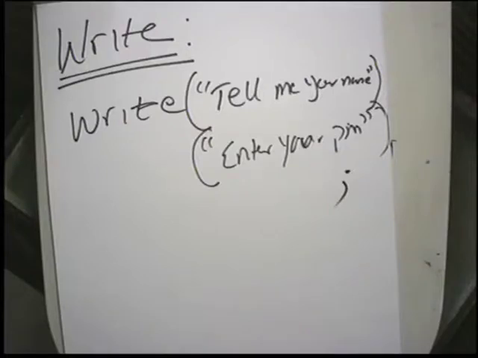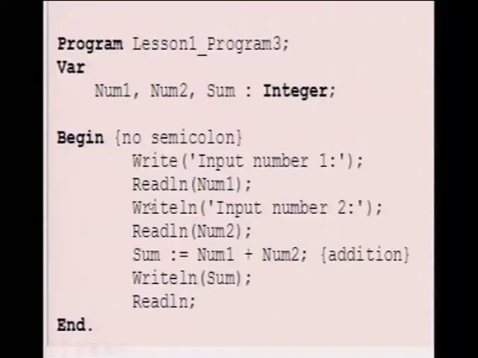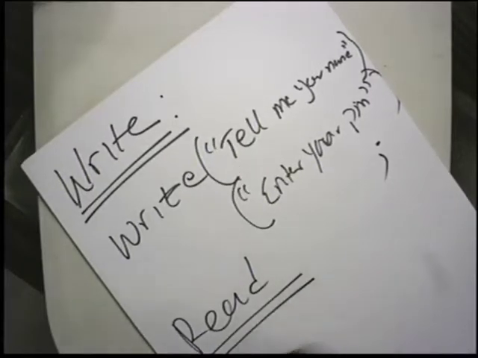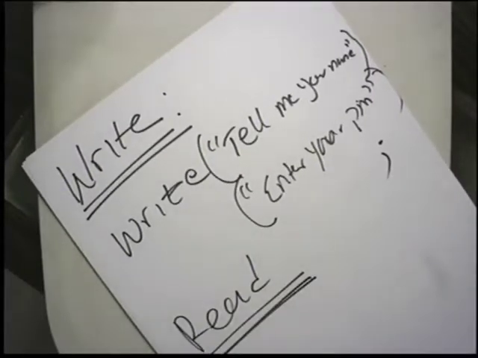So here the computer is asking the person, enter number 1. That is, enter the first number. Then you can see something under write, which is called read. The read is a statement that reads the number that you have entered, or that reads the variable that you have entered into the computer.